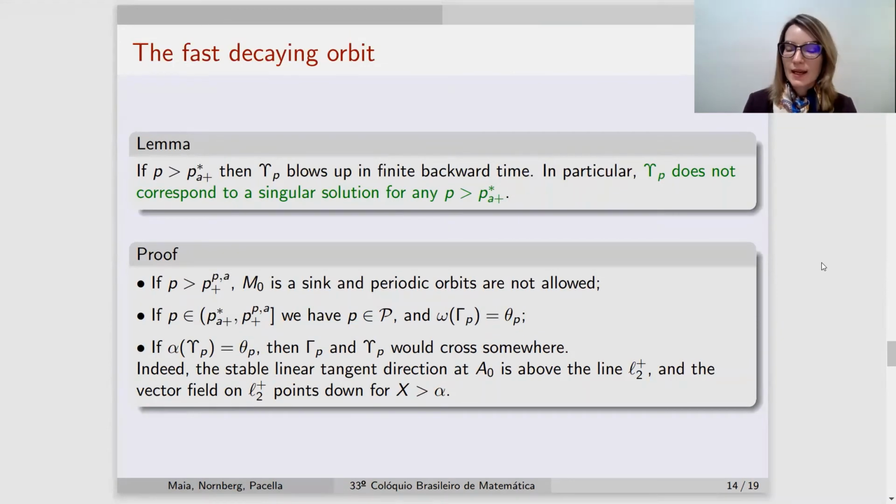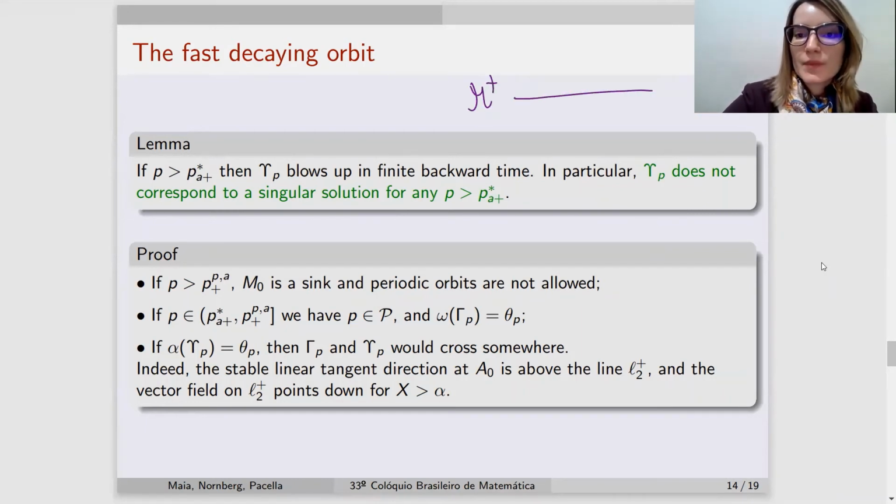Now let us see a counterexample of singular solution as far as we are in the supercritical regime, which is given by the fast decaying trajectory. Let us recall that for the operator M+, we have this critical exponent here and p_A+ here.